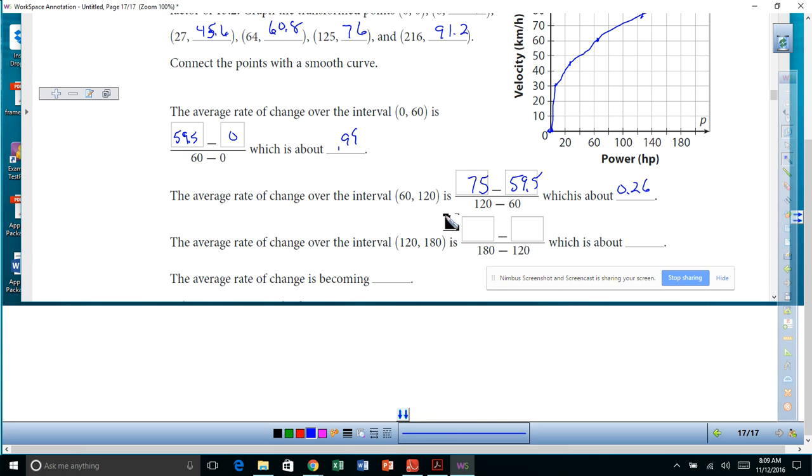The average rate of change over the interval 120 to 180 is going to be like 85.8 minus 75, which is about 0.18. I did all that in the calculator. The average rate of change is becoming less. It's flattening out. It's becoming less.